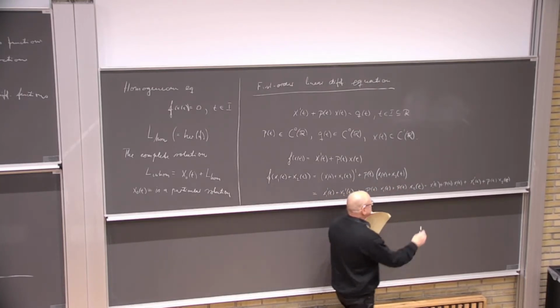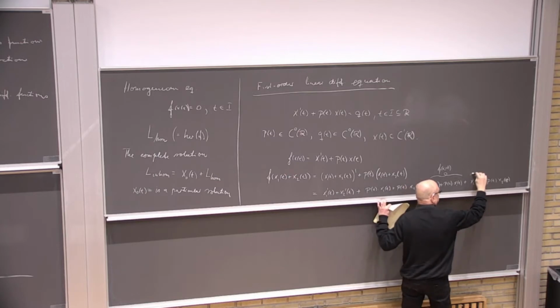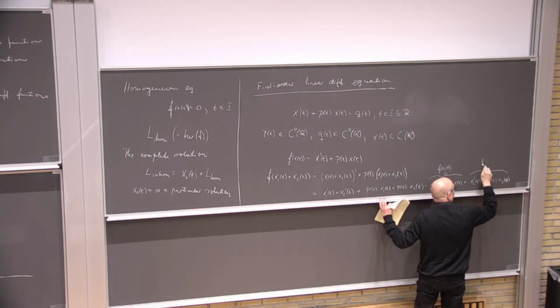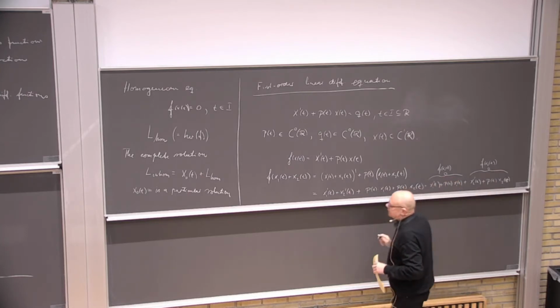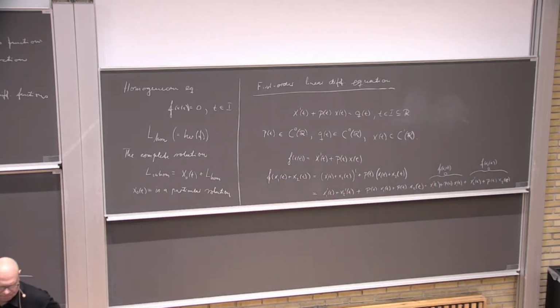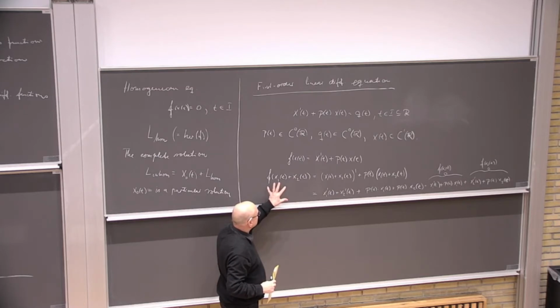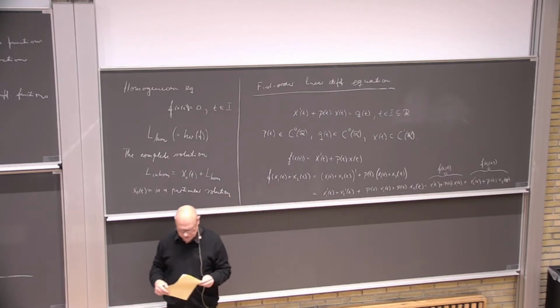And you see, this is simply f of x1 of t, and this here is f of x2 of t. So my map f here, my transformation f here, satisfies the first linearity condition.